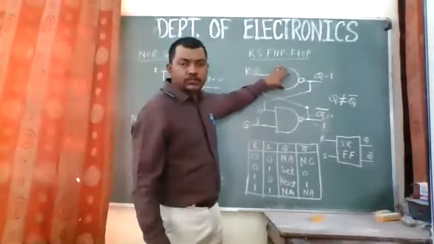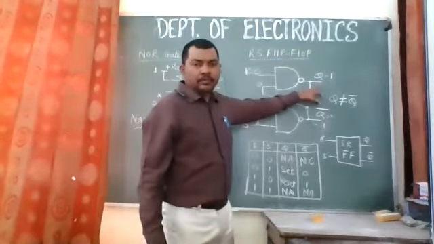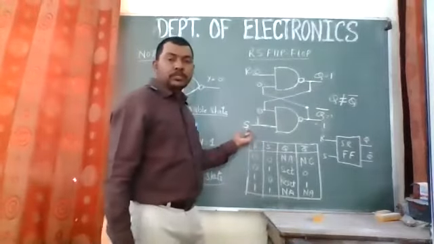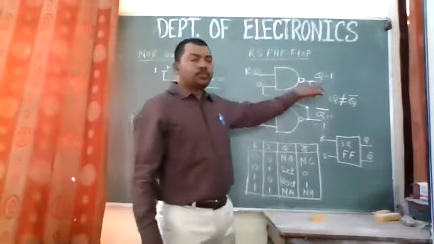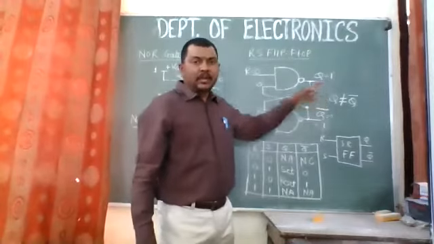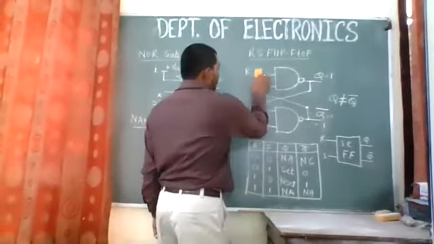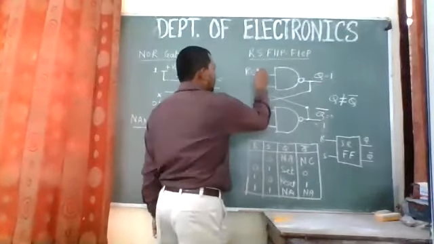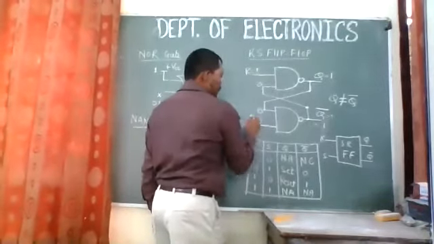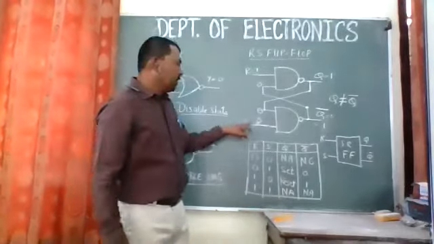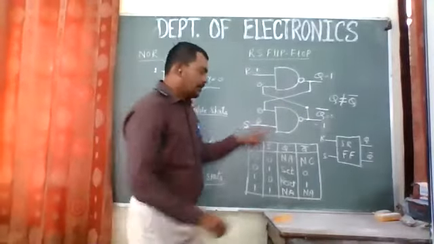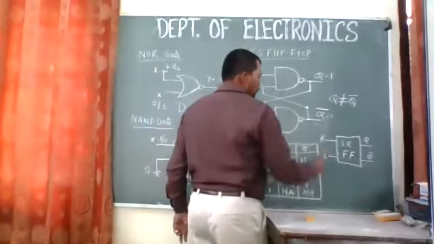So the output of this first NAND gate is going to be high, which says that when we put S equal to 1, the output is high, right? Another one: when we put R equal to 1 and S equal to 0, when S equal to 0, this will land in the enable condition, that is 1.